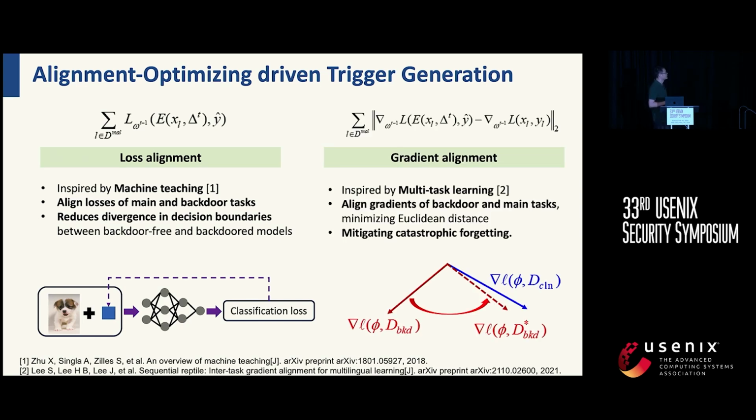Second is the gradient alignment, meaning we should also minimize the difference between the gradient on the clean samples at the benign clients and the backdoor samples, such that when the benign clients do gradient descent on the clean samples, the direction, the blue direction here, will be close to the direction of my backdoor updates, so that my backdoor effect will not be forgotten through the benign training.